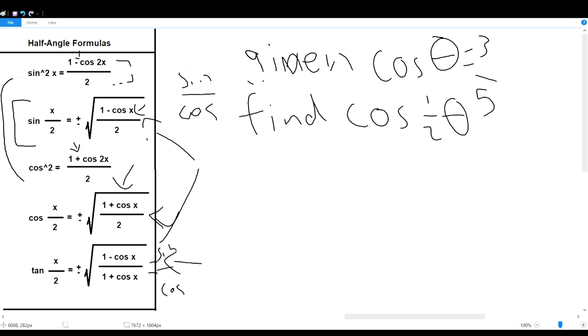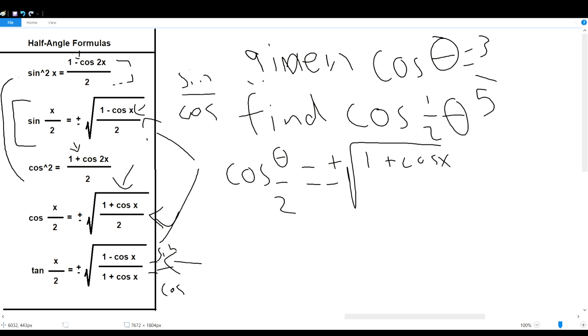So here, cosine theta over 2 is equal to plus or minus square root of 1 plus cosine of x, or theta, over 2.